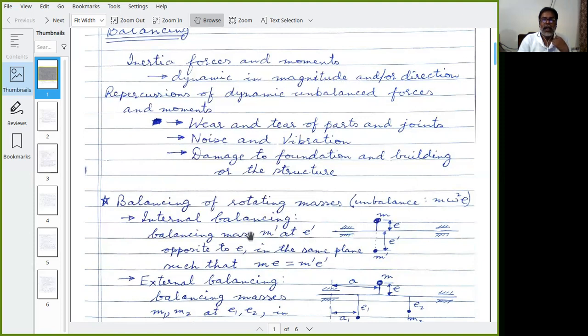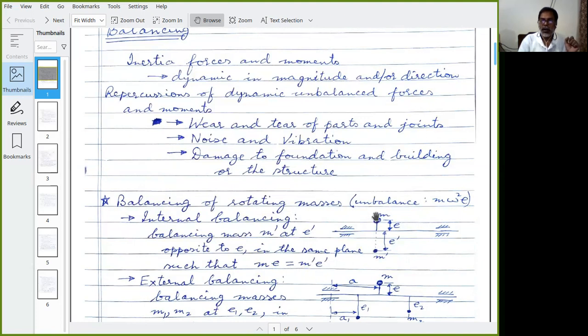Now, how to balance it? One possibility is internal balancing, in which you put another compensating mass in the same plane in such a manner that this mass and its eccentricity together balance this mass and eccentricity correctly. M E is equal to M prime E prime.